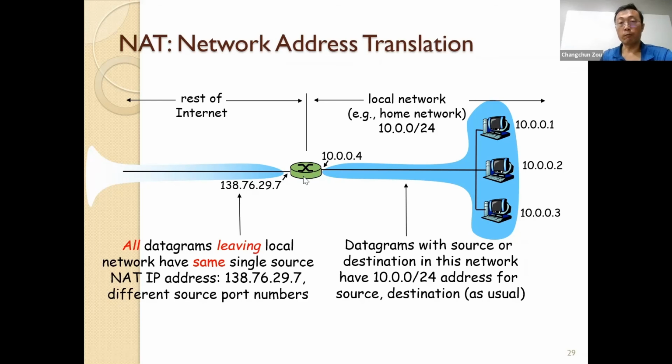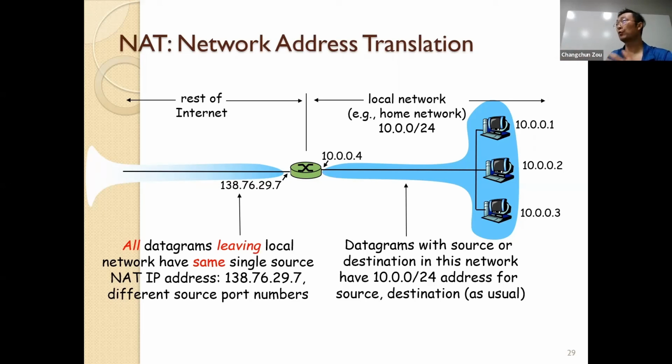One good example is a home Wi-Fi router. The home Wi-Fi router is assigned a single IP address by your broadband provider, like Bright House or AT&T. They assign a single global IP address to your home Wi-Fi router.